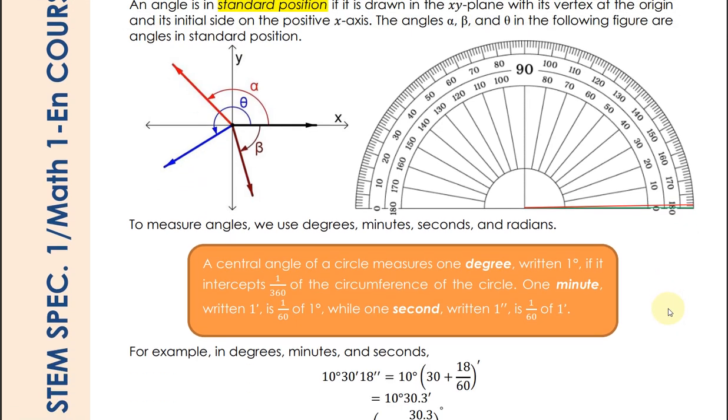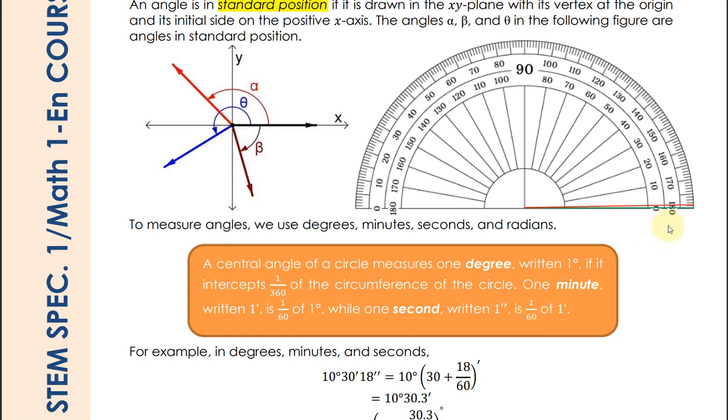The minute is written as 1 prime, or 1 apostrophe, and that is 1 over 60 of 1 degree. So inside this 1 degree, if you zoom in and divide it into 60 parts, that will be the minute. Next is the second. Second is 1 over 60 of the minute.